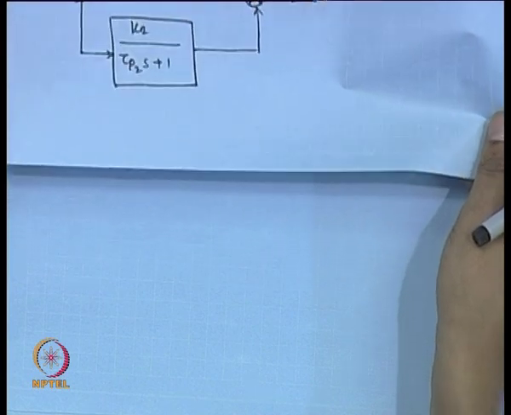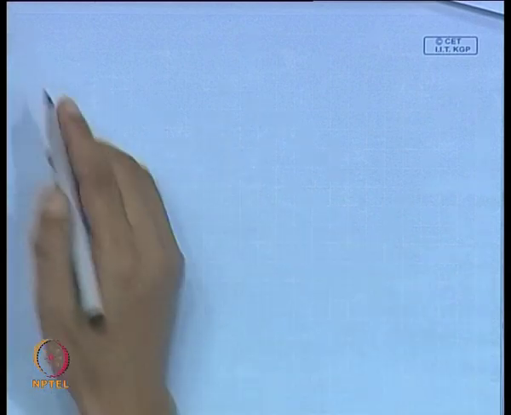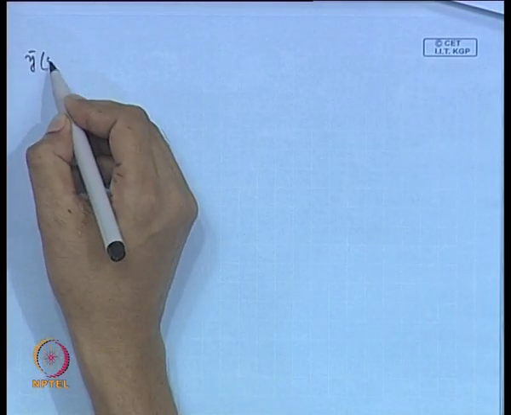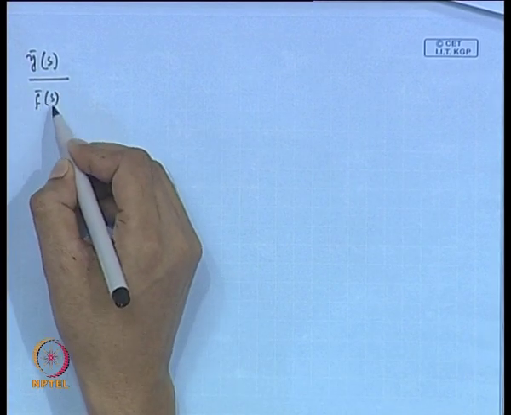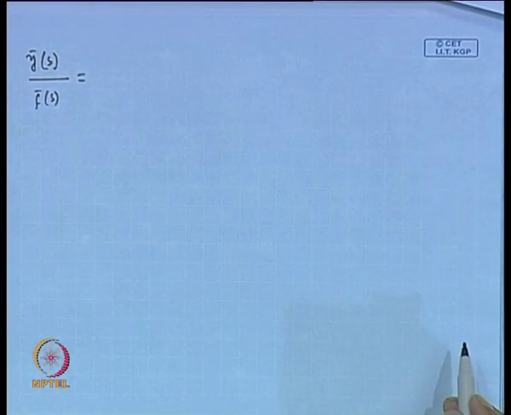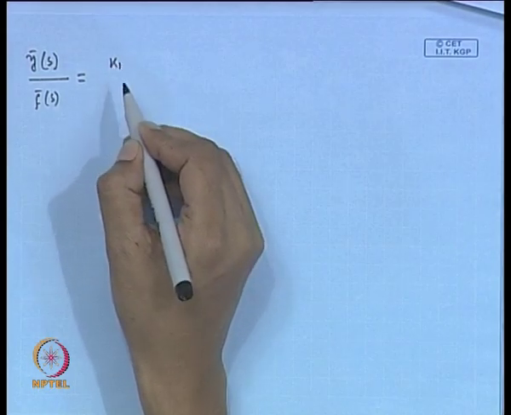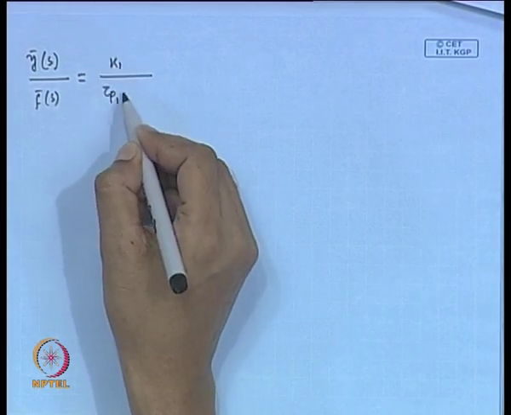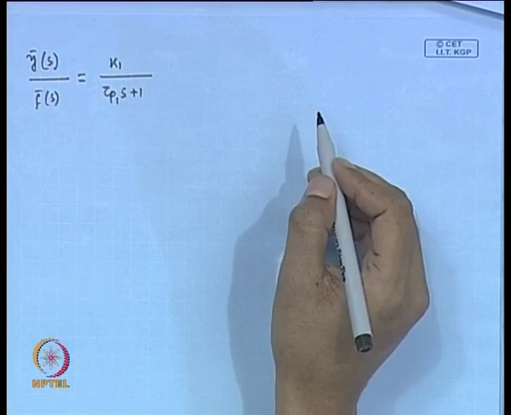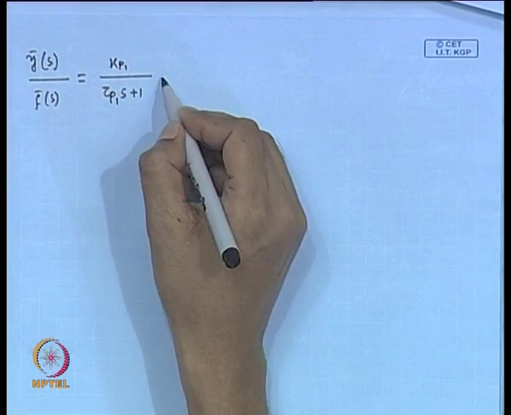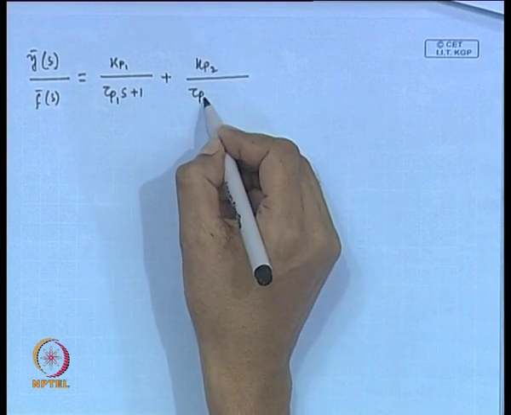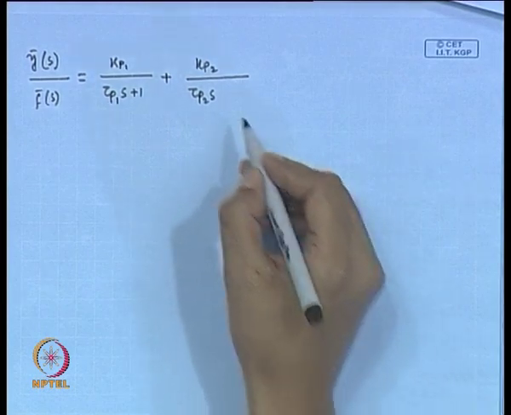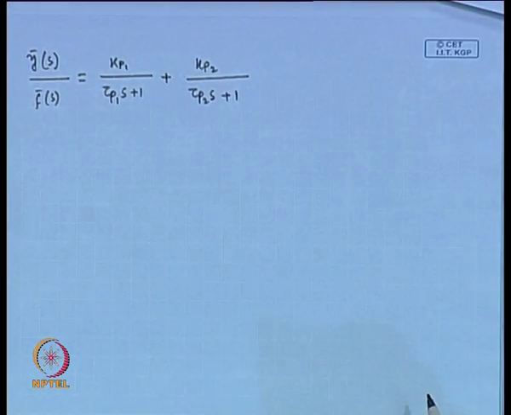Now, first we need to find the overall transfer function of this process. The overall transfer function y bar s divided by f bar s is equal to kp1 divided by tau p1 s plus 1, sorry, this is kp1, plus kp2 divided by tau p2 s plus 1.